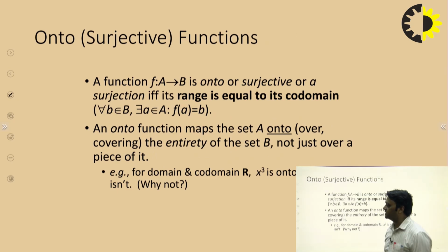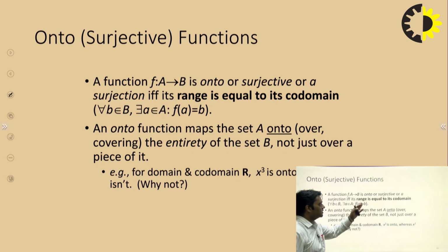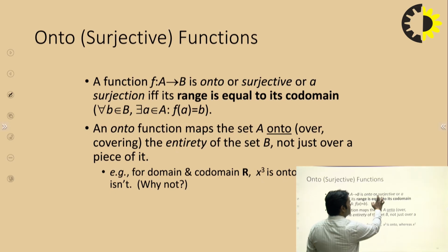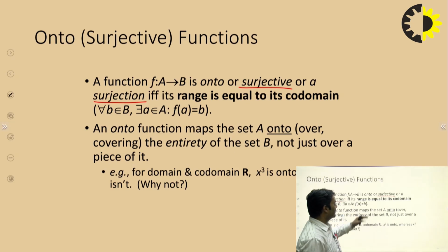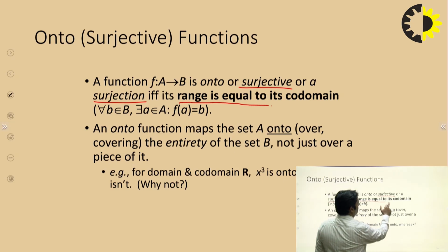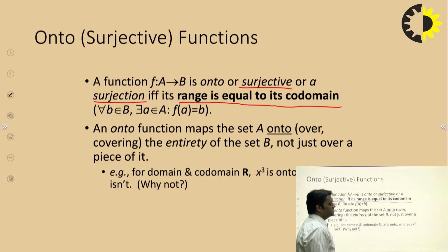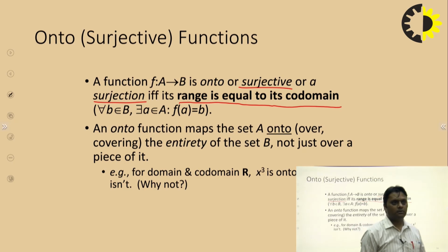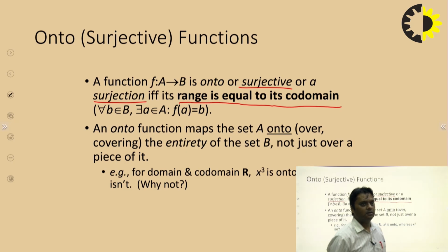Second is the onto function. Onto function: f is onto or surjective or a surjection if its range equals its codomain. It means all elements of B belong to the range.